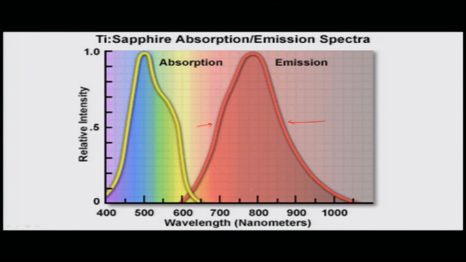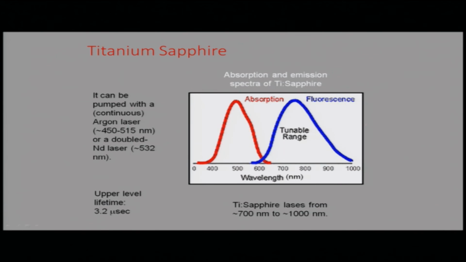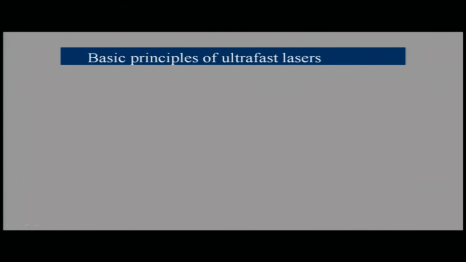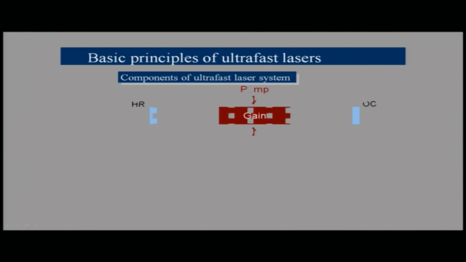It is the near infrared region that is being used, and it lases from 700 nanometers to about a micron. It also has a very nice lifetime of the excited state, which lets it remain inverted for quite a while. It is a 4 level amplifier system, as I mentioned before.